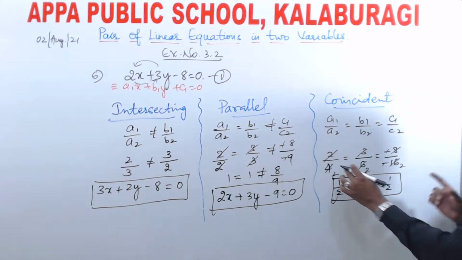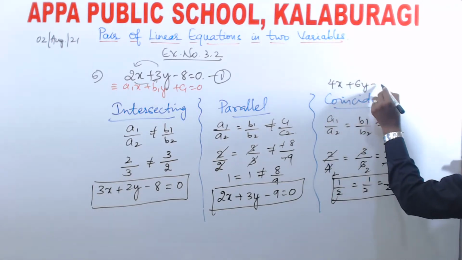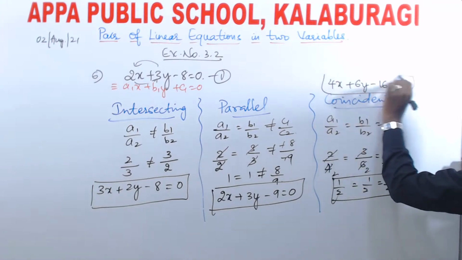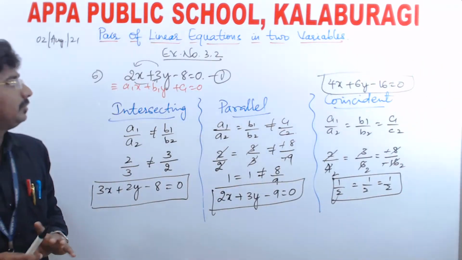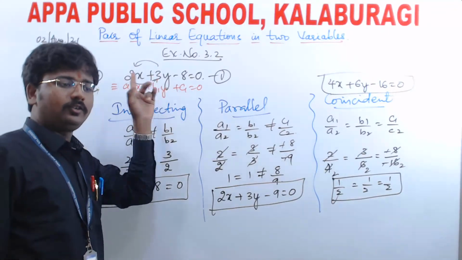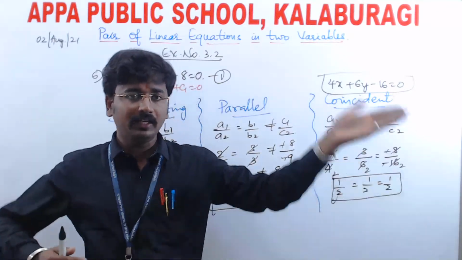So for this equation, it will be 4x plus 6y minus 16 equal to 0. Simply I have doubled. Think that if here it is 4, I could have taken half.